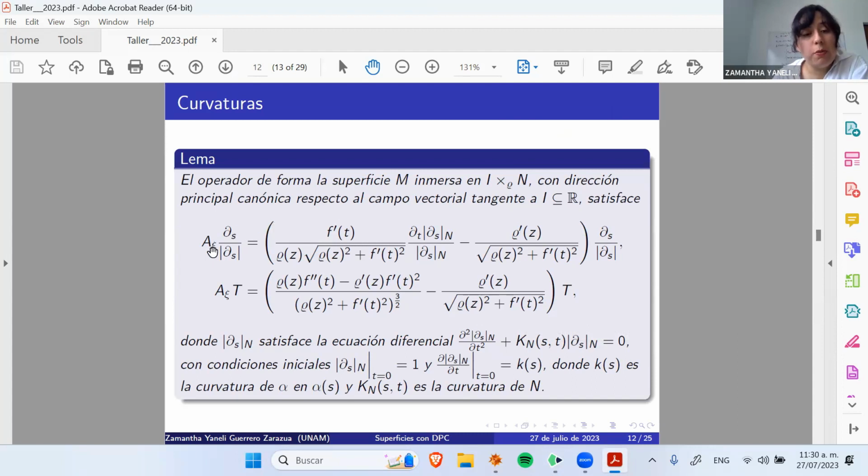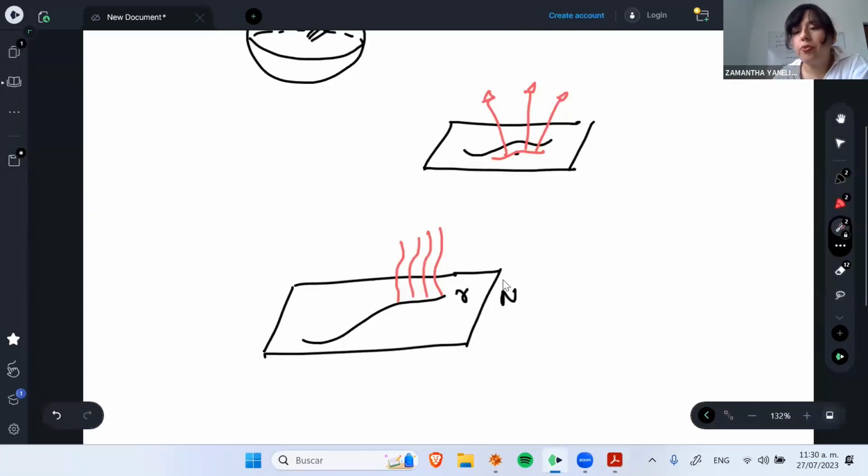And the principal direction in the direction of the level curves also makes a lot of sense, because this term is actually the curvature of the gamma, of the equidistant curve.